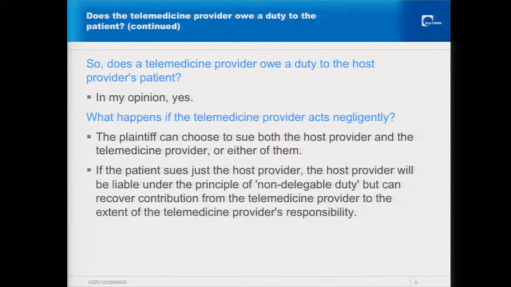So in summary, does the telemedicine provider owe a duty to the patient? Well, in my opinion, yes. So what happens if the telemedicine provider acts negligently? Then in that circumstance, the patient could choose to sue both the host provider and the telemedicine provider, or either of them.